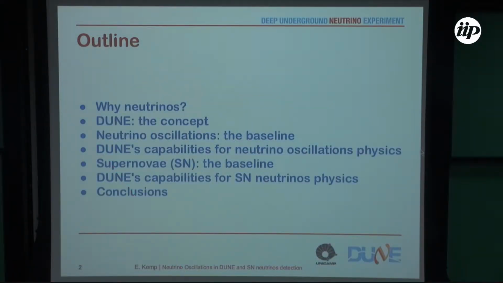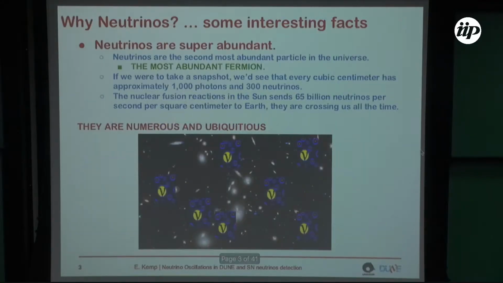Then I will move to neutrino oscillations, the baseline of the phenomenon, and the DUNE capabilities to study neutrino oscillation physics. Then I will do the same for supernova neutrinos, and then I'll draw some conclusions.